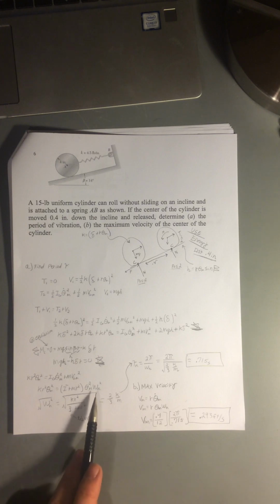And then from there, we can make the substitutions to get our omega n term, our natural frequency term, into here from the equations that we have, and so that gives us this value here. And we know that since this is a uniform cylinder, our I value has to be 1/2 mr squared, and so we can replace that there.